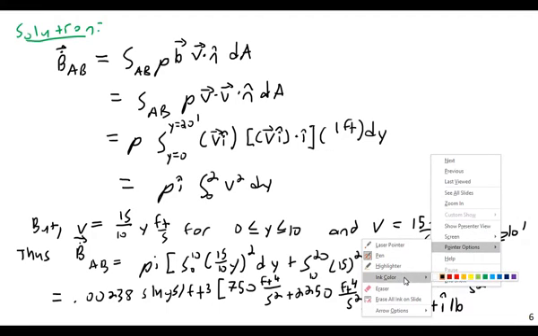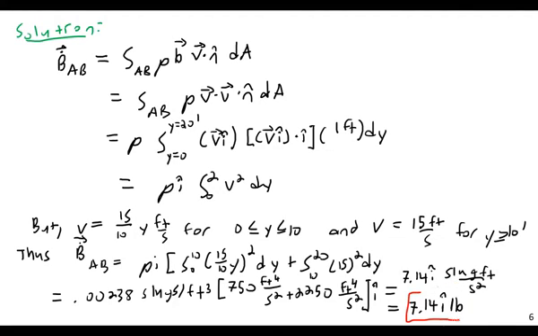So momentum flow rate can actually be conceived of as a unit of pounds. 7.14 I pounds. What a lovely problem.